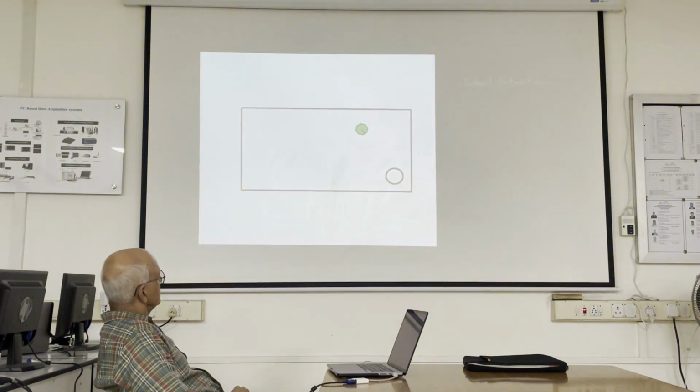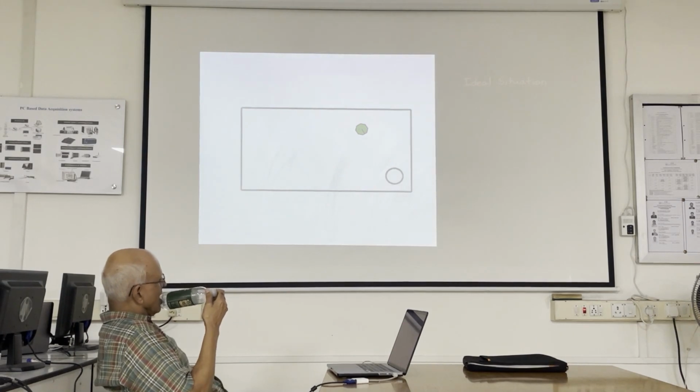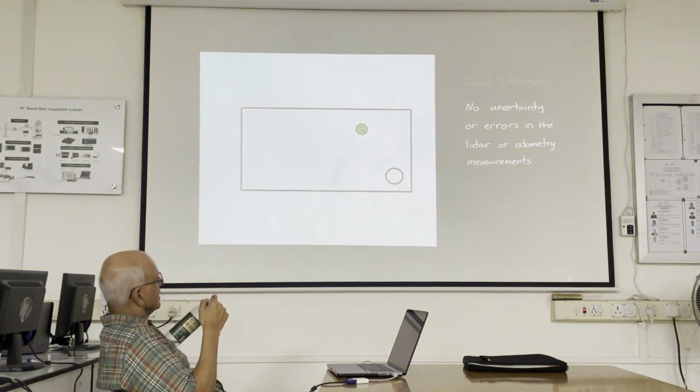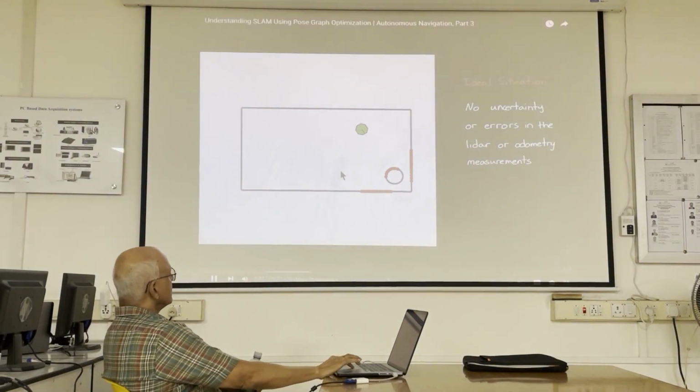Let's start with a very ideal situation, one in which there is no uncertainty or errors in the LiDAR or odometry measurements. They're just perfect. In this situation, developing a map of the environment is relatively trivial. The robot could take a LiDAR measurement, and we'd have confidence that what it measured is the real obstacle location.